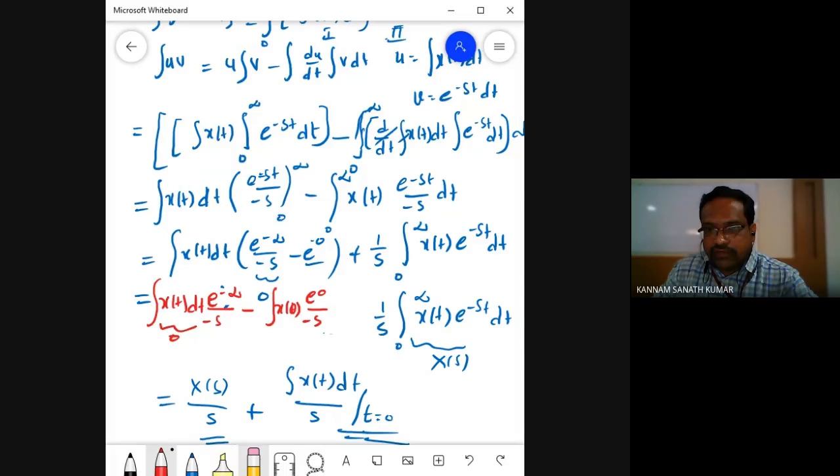So what is this one? You applied the limits, which means this is nothing but integration of x of t by s. When you are applying the limits, this is integration of x of t at t equal to 0, and when you multiply, this is the value of x of t at t equal to 0, so that is x of s by s, plus integration of x of t dt by s at t equal to 0.